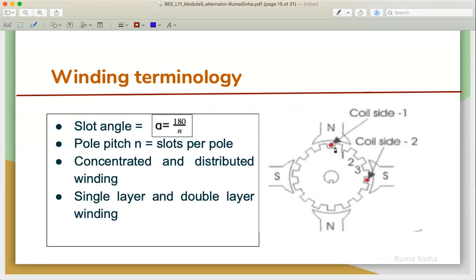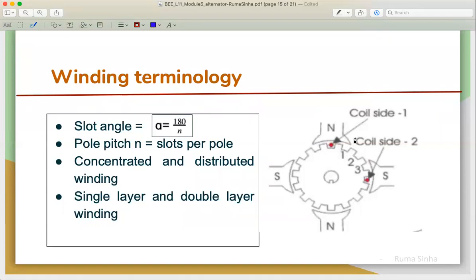Now, this is the slot, these are the slots. This whole thing is the rotor's slots. This is shown as if it is a cylindrical rotor. So in the outer periphery, we have the slots made. Here there is a coil side. Here there is one more coil side.